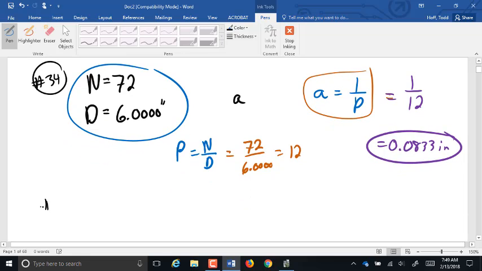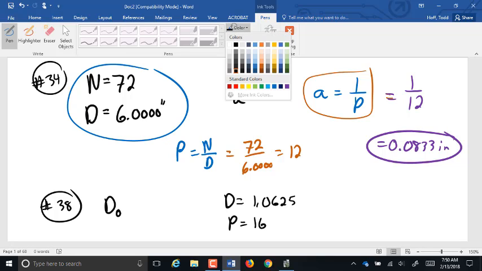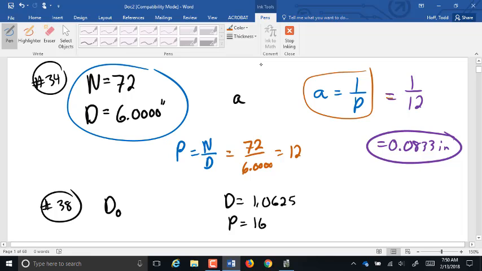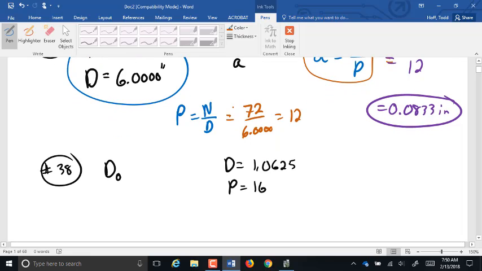Let's say number 38. Number 38, we are looking for the outside diameter. We have the pitch diameter of 1.0625, and we have the pitch of 16. So once again, we look up our outside diameter. We find that DO, actually a few things we can use for DO. I'm going to look at the n plus 2 over p. Yes, exactly.